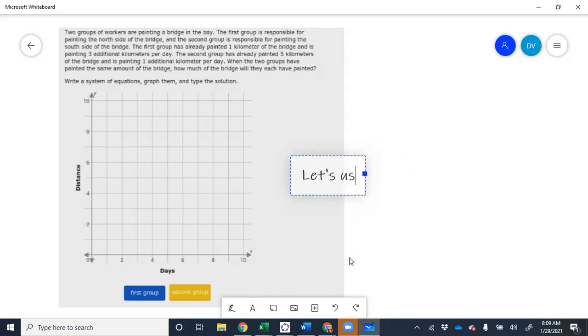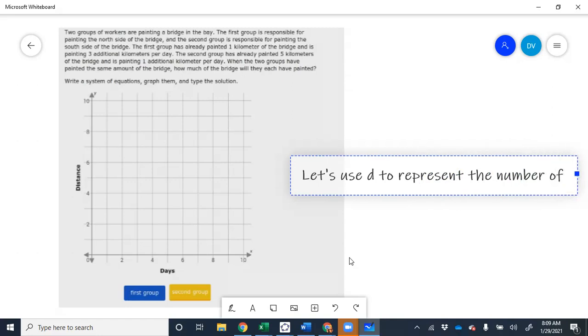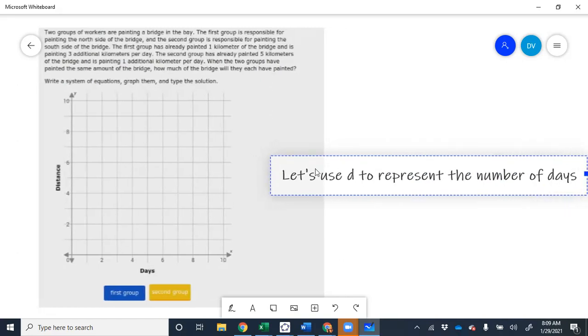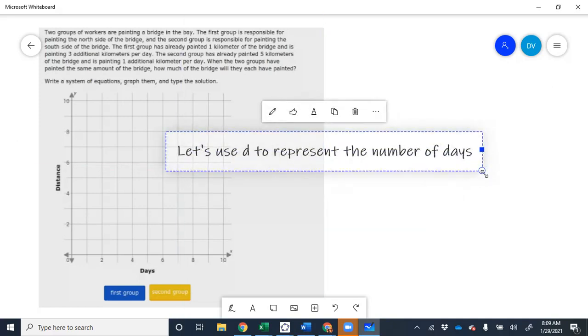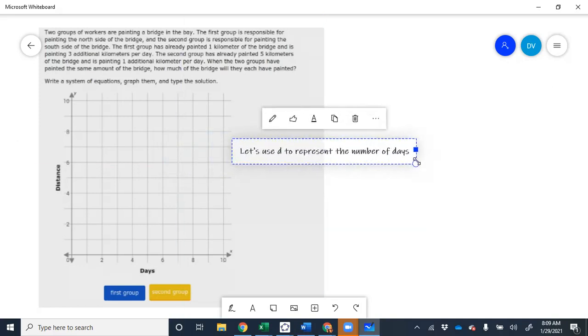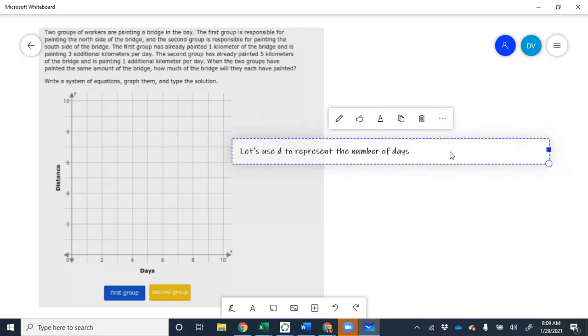Let's use d to represent the number of days.